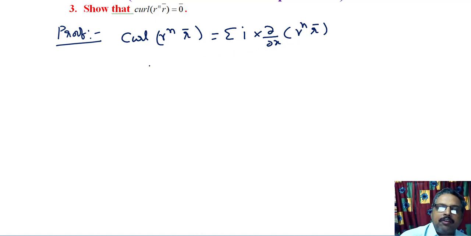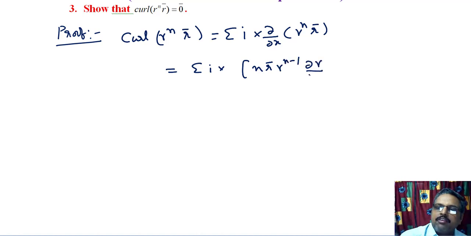Now what is the derivative using? UV rule. Sigma i cross, first r power n derivative is n into r power n minus 1 into dou r by dou x into r bar plus r power n into r bar derivative is dou r bar by dou x.